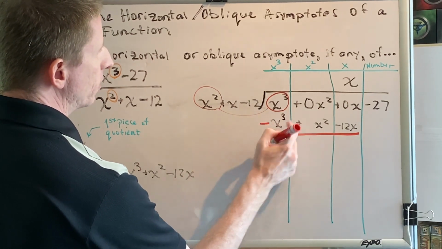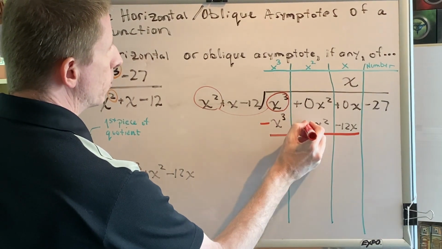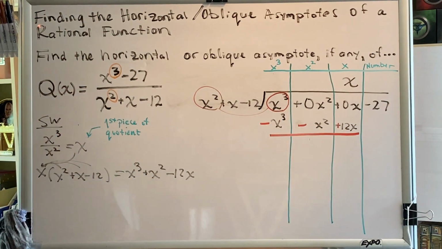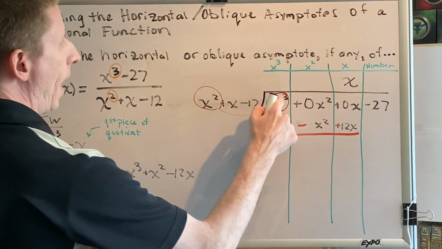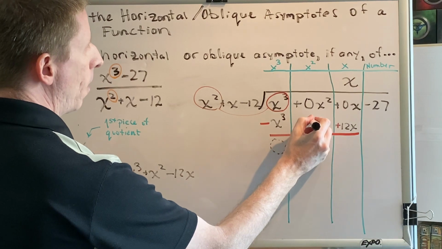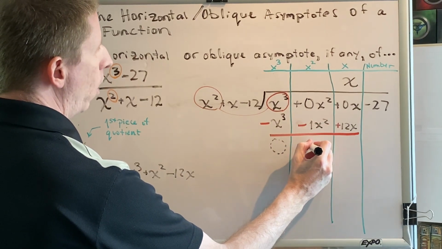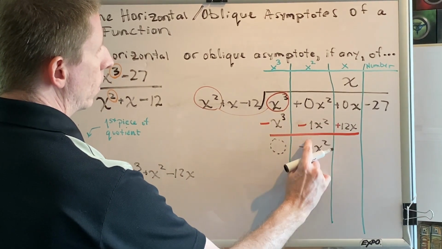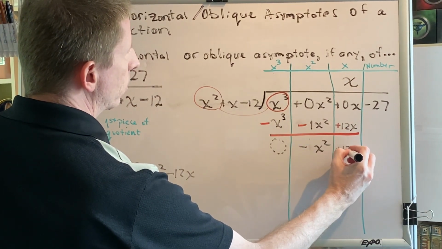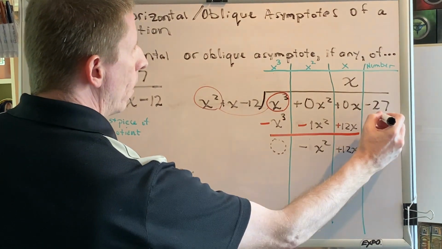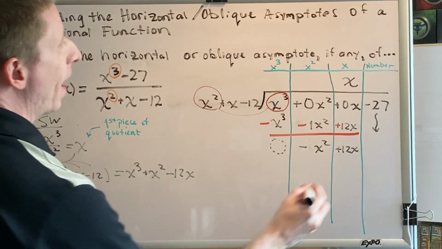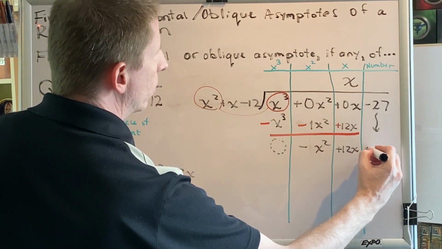So this positive becomes negative, this addition becomes subtraction, this subtraction becomes addition, and then we will combine each of those terms vertically. x cubed and negative x cubed combine to make 0. 0x squared minus 1x squared makes negative 1x squared. 0x plus 12x makes plus 12x. I will now bring down all terms from my original that have not yet been revised.